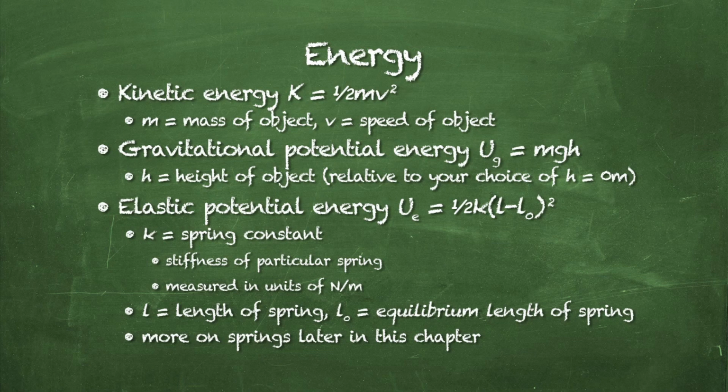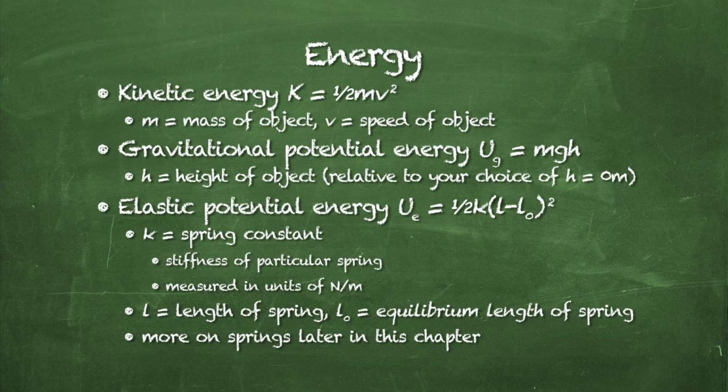Now, since k is always positive, and (L minus L0) squared is always positive, elastic potential energy is always positive. The smallest it can be is 0 when the length is equal to the unstressed length. So at the unstressed length, there is 0 elastic potential energy in the spring or rubber band or bungee. And as it is either compressed or stretched, elastic potential energy increases.